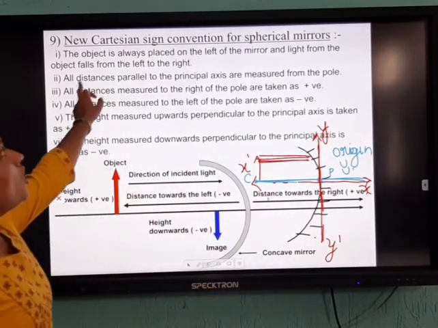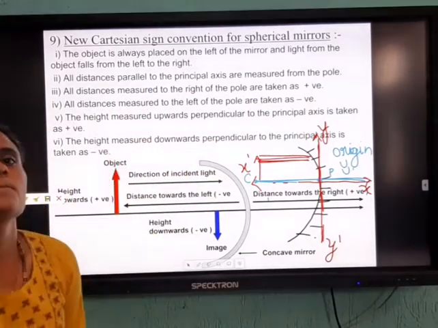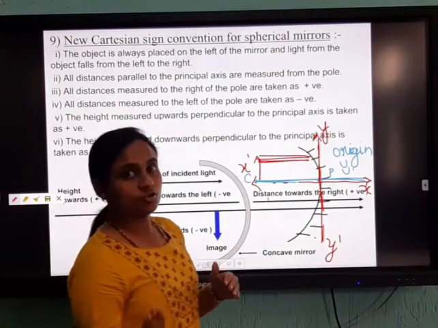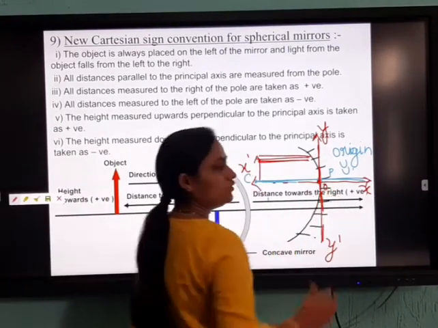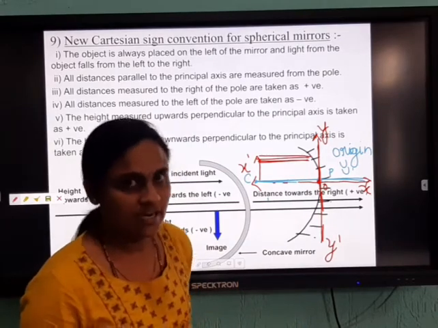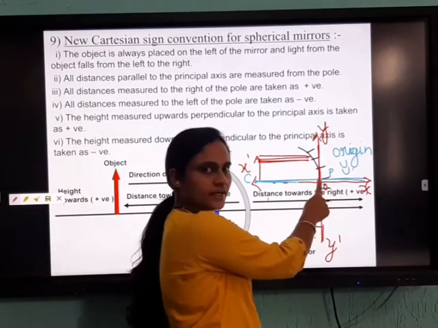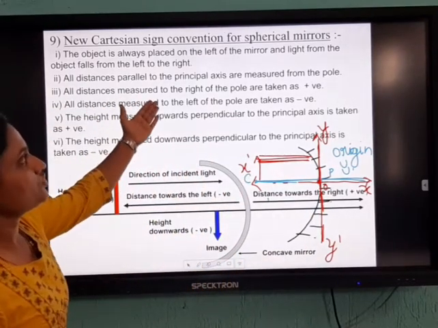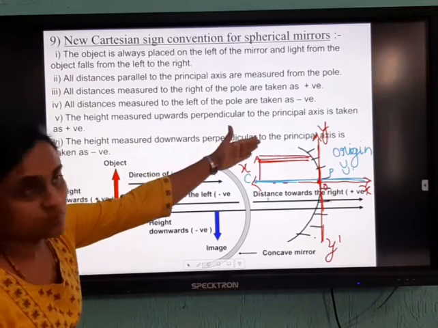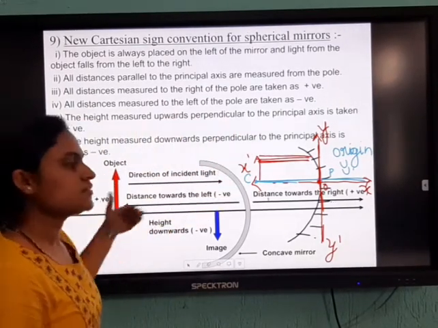Clear? Next, all distances parallel to the principal axis are measured from the pole. Now we all know coordinate systems. This point will be taken as O. Whenever you are plotting any graph, you will take this as the point, and from here you are going to measure, right? Now, all distances measured to the right of the pole are taken as positive, and all distances measured to the left of the pole are taken as negative.